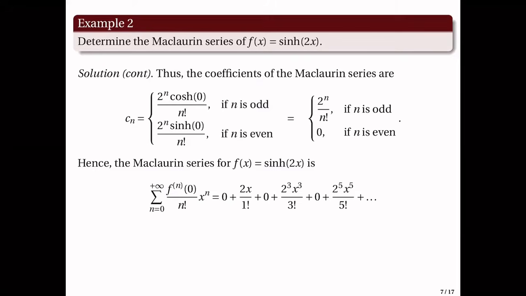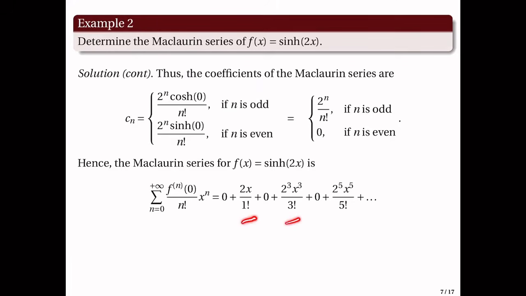Okay? So, kapag n is even, ang coefficient natin ay 0, so yung buong term ay magiging 0. So, this is for n equals 0, n equals 2, n equals 4, and so on. And then kapag n is odd, our coefficient is of the form 2 raised to n over n factorial. Evident yun dito. So here, when n is 1, we have 2 raised to 1 over 1 factorial.